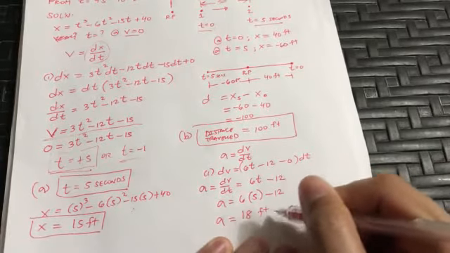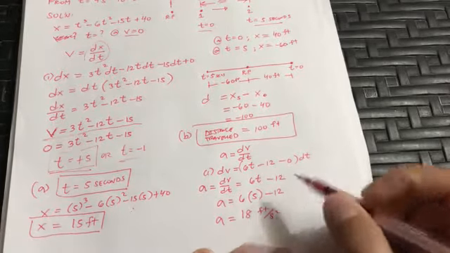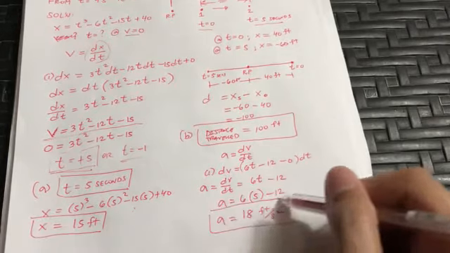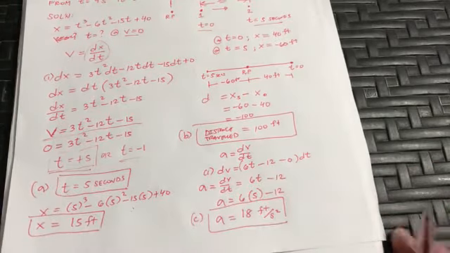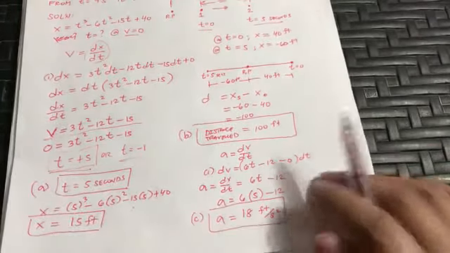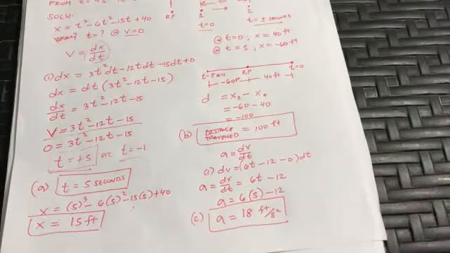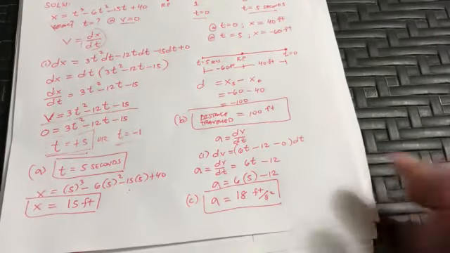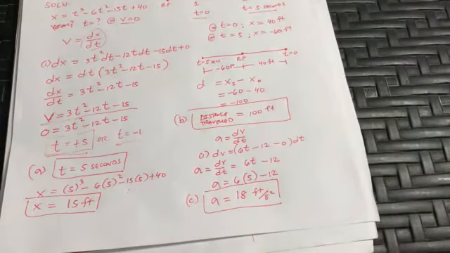The unit should be feet per second squared, since this is an acceleration value. So we have our answer for letter C.